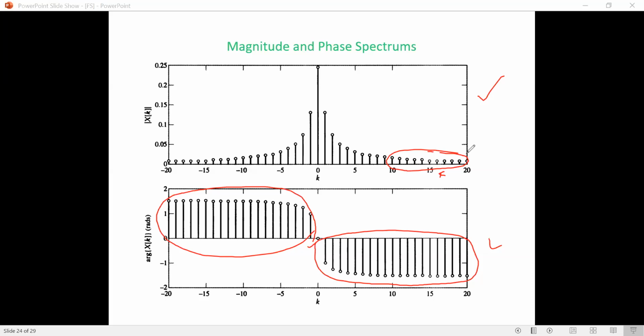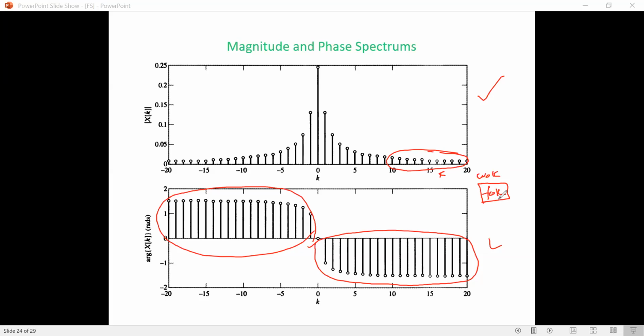The reason is that the value of k is infinity, theoretically. As a result, infinite components of frequencies that are integer multiples of omega 0k, or equivalently f0k, are there in your signal. But you cannot design any system that can handle this infinite bandwidth.